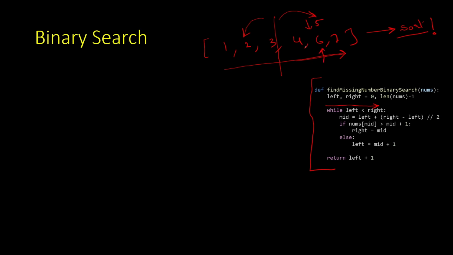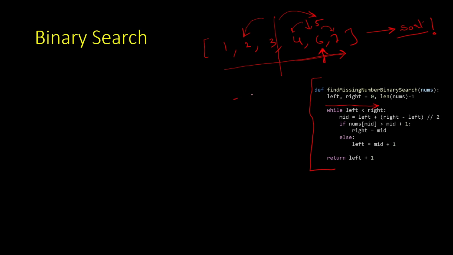For example, if the issue is on the right side through a certain condition, I will go to the right side, find the midpoint again, and check whether the issue is on the left of it or the right of it. At any moment, we are dividing our work in half. We are eliminating half of the values which have zero probability of having any issue, and doing the work on the remaining half.